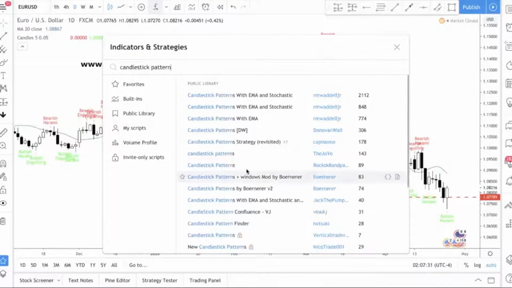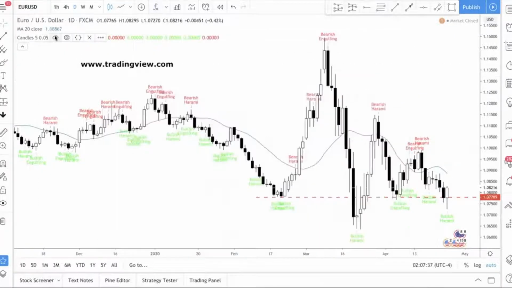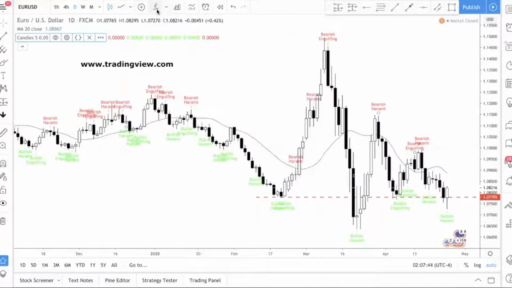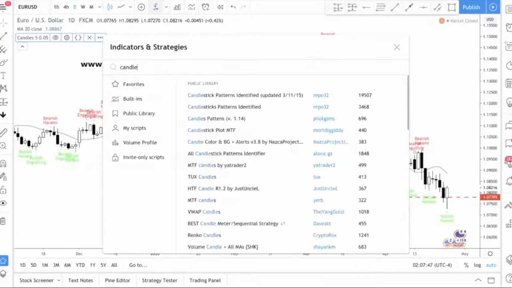You can see there are a lot of so-called indicators to help you, but the indicator that I want to introduce today is this one, candles 5. Let me find the exact one for you. Candlesticks patterns identified. I'm using this one.